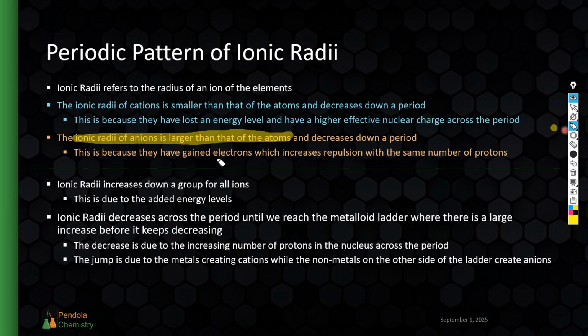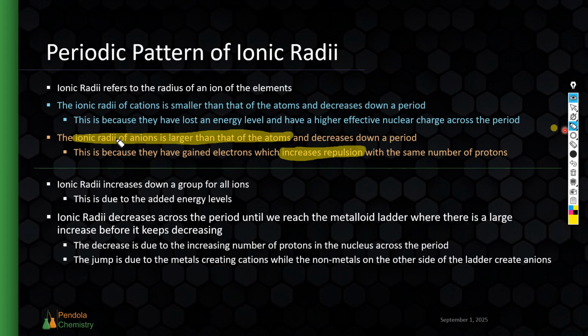This is because they have gained electrons, which does not give them more energy levels, but what it does do is that it increases repulsion. So with the same number of protons but increased electrons, we're increasing repulsion, which is just going to push the whole ion farther out. So again, let's look at that in a more visual manner, right?